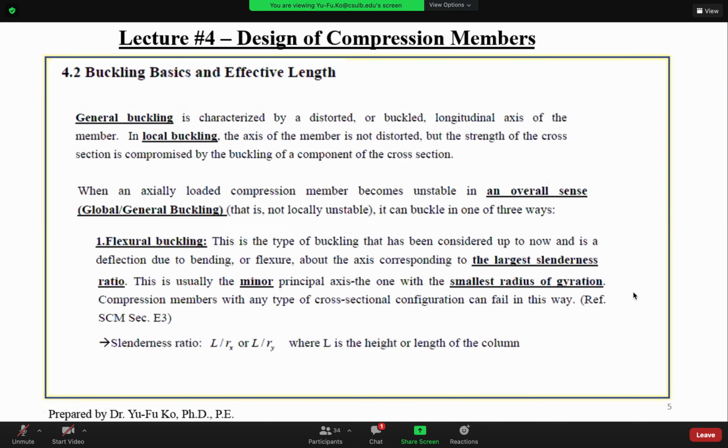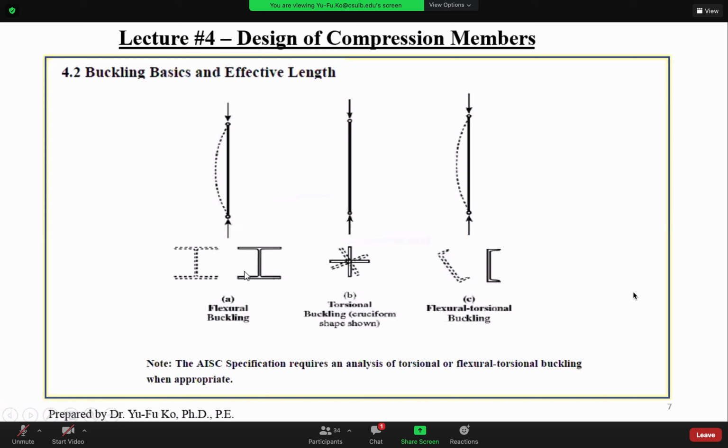So here you can see that the first buckling mode you will see is what we call flexural buckling. This picture is the original position, and once you apply the compression load, it will buckle.